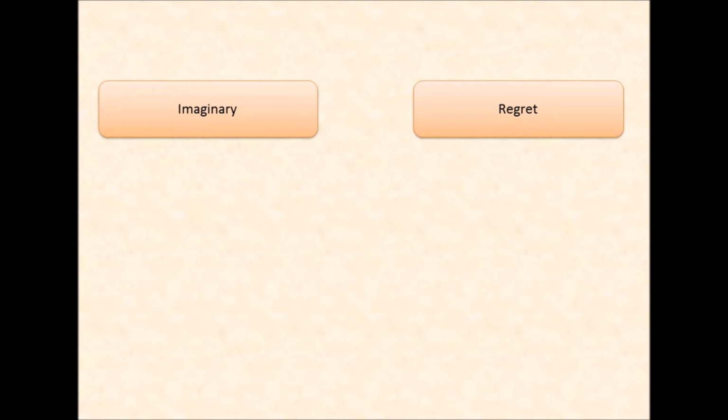Conditional type 3 is used to express an imaginary situation in the past. Sometimes it is also called the unreal past. And it is used to express regret or criticism.